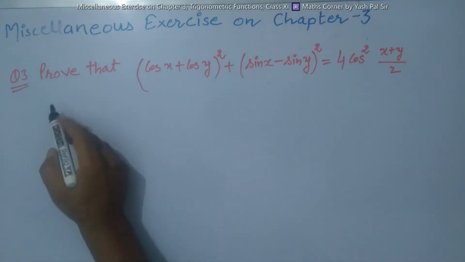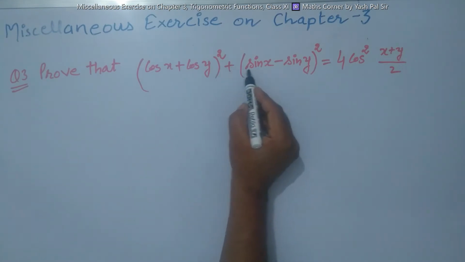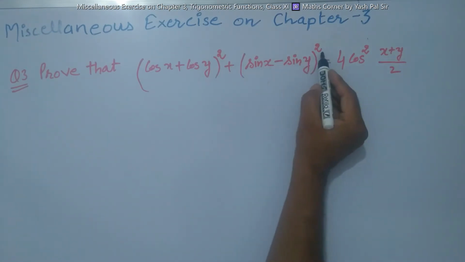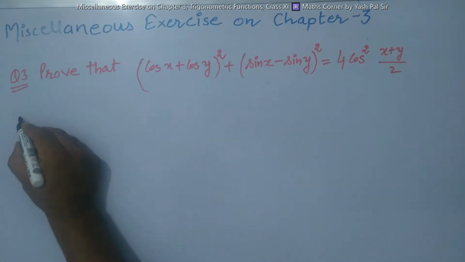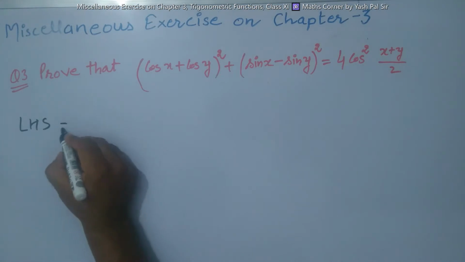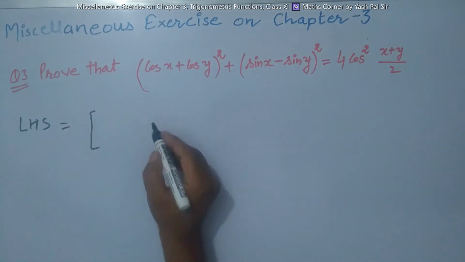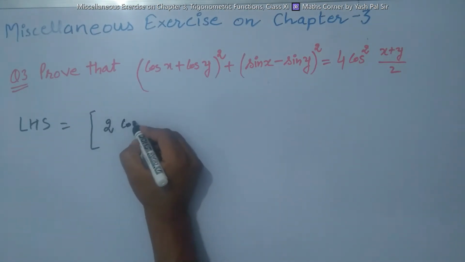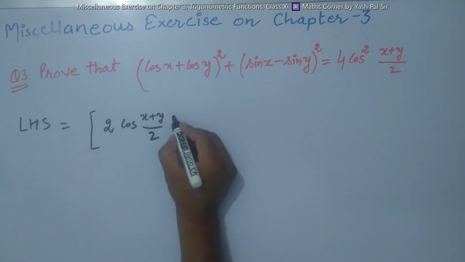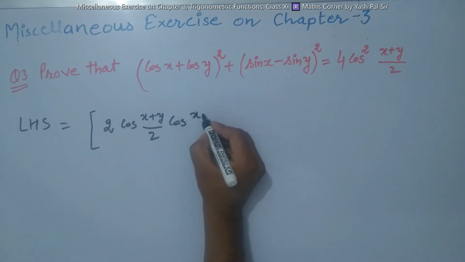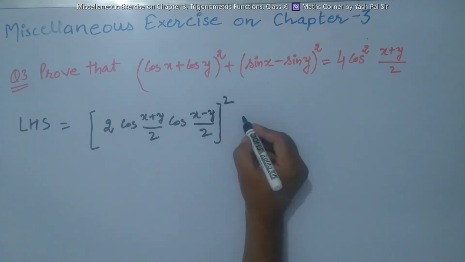Now question number 3: prove that (cos x plus cos y) whole square plus (sin x minus sin y) whole square is equal to 4 cos square of (x plus y) upon 2. So first of all, taking left hand side, this is equal to, first bracket, applying the rule cos C plus cos D, which is equal to 2 cos (C plus D) x plus y upon 2 into cos (C minus D) x minus y upon 2, its whole square.